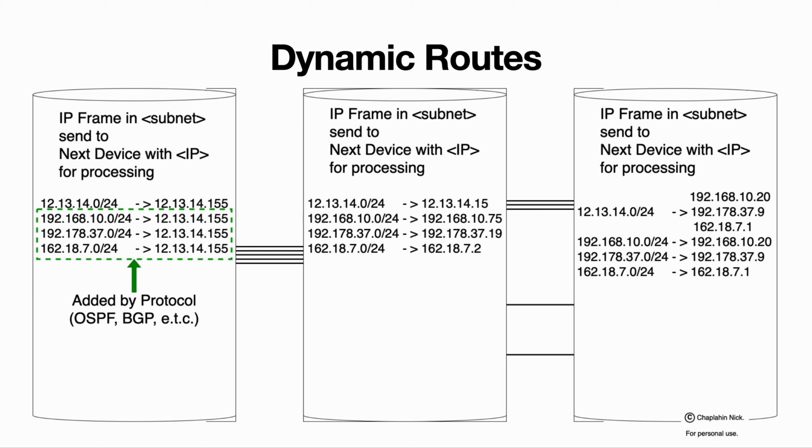My congratulations, you now learn what static routing is and what dynamic routing is. That simple. Dynamic routing only indicates that the routing table was filled by some dynamic protocols. That's it.